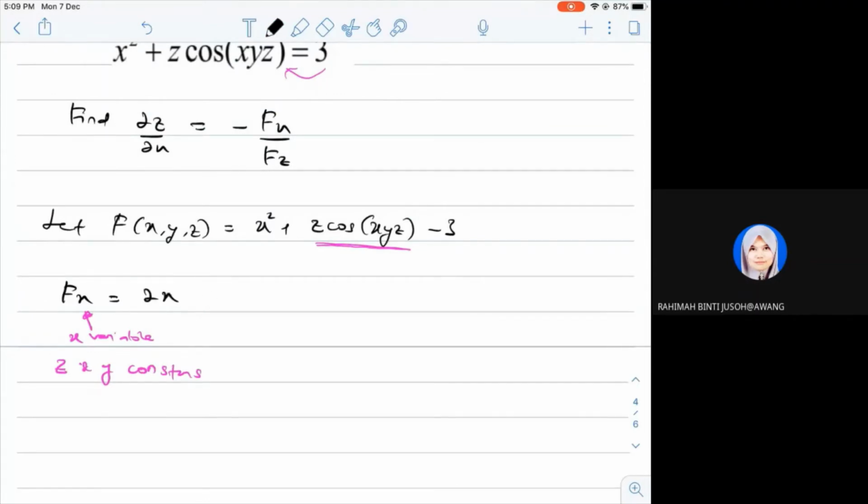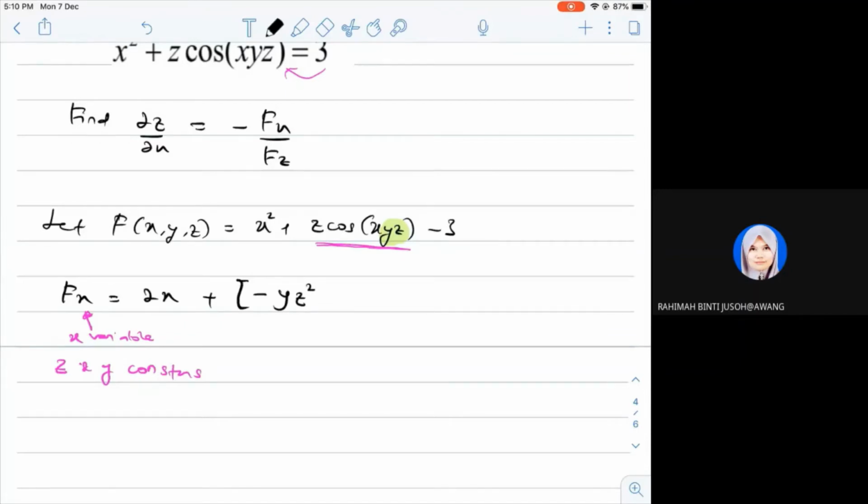Okay, then differentiate z cos xyz. Yz squared and negative yz squared negative sign. Okay, so we have differentiate cos, we get negative. And the constant here is y and z. Okay, so we should bring this constant to the front. So we have z multiplied by yz, so we have yz squared.